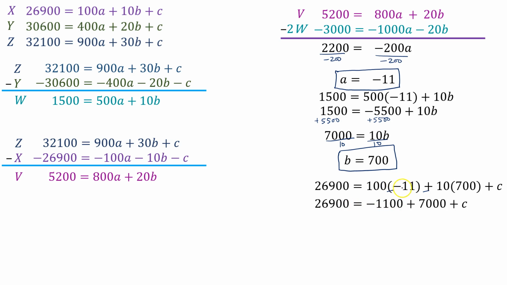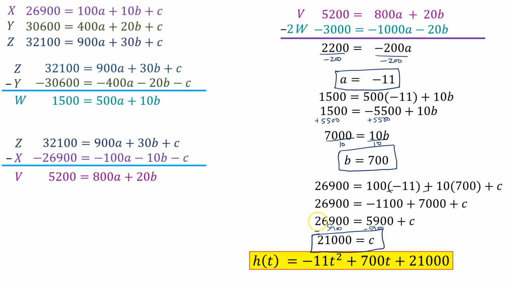So we're going to multiply here, combine like terms here, subtract 5900 from both sides. 2100 equals c. So the equation that models the flight of that plane is h of t is -11t squared plus 700t plus 2100.